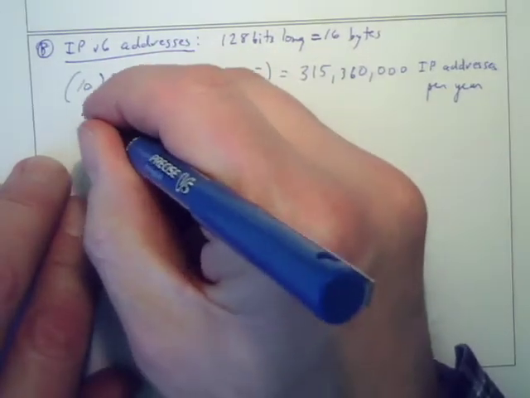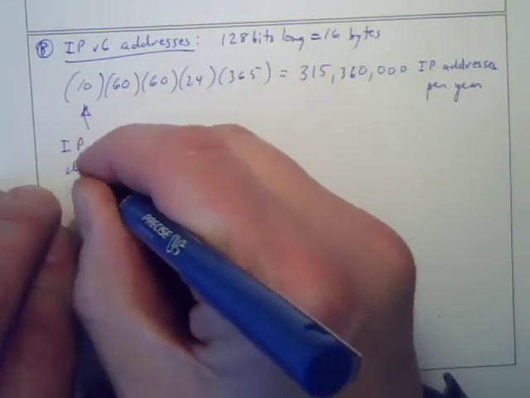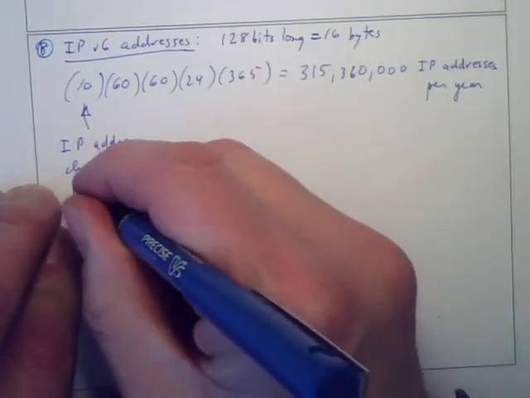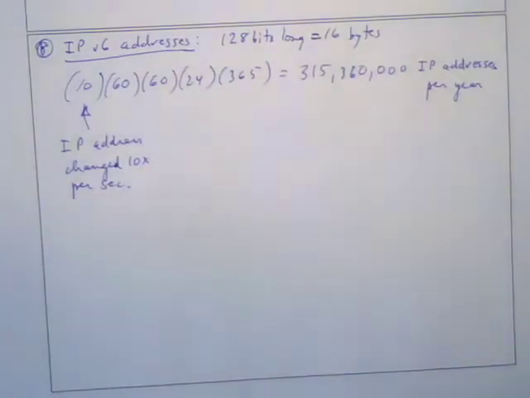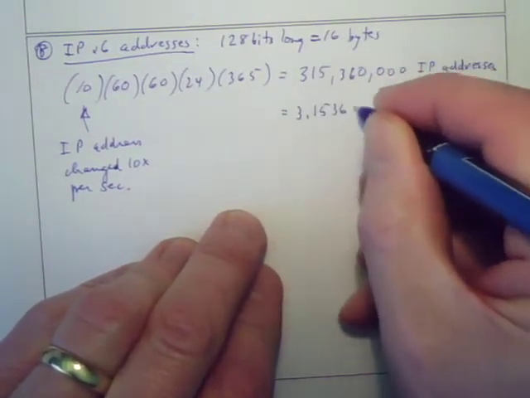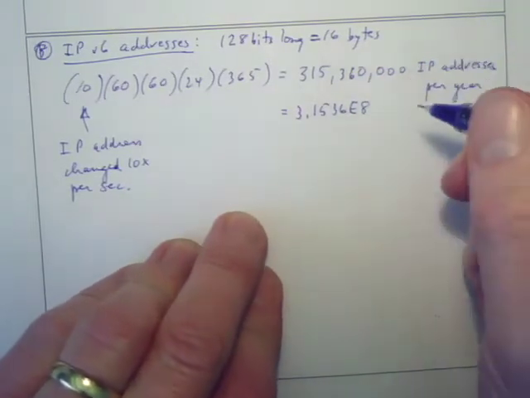So if we changed our IP address 10 times per second, okay, or 3.1536 times 10 to the 8th IP addresses per year.